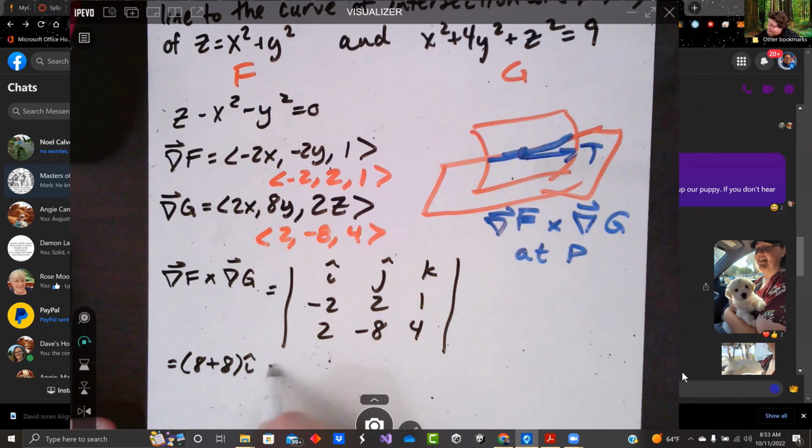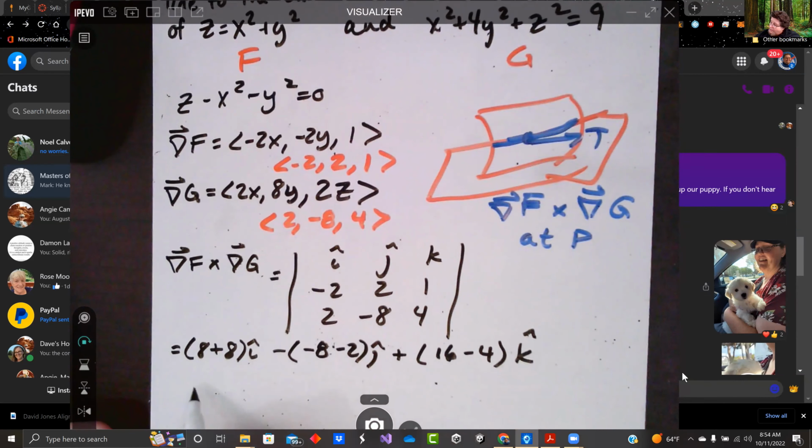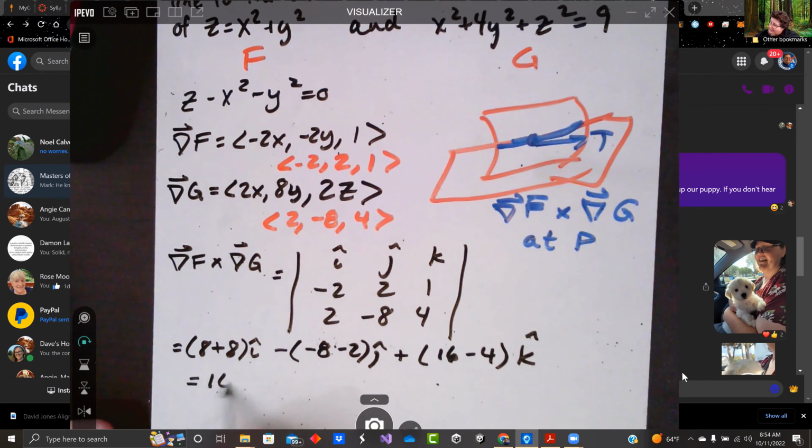And then I do minus the j, which would be negative 8 minus 2, j hat. And then plus the k hat is 16 minus 4. So I've got 16. That's negative 10, so positive 10, 12.